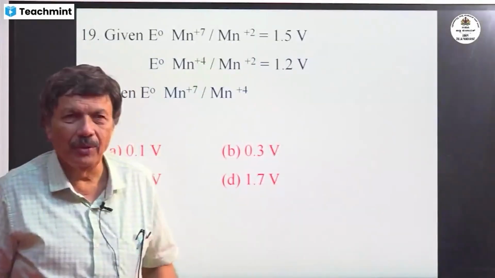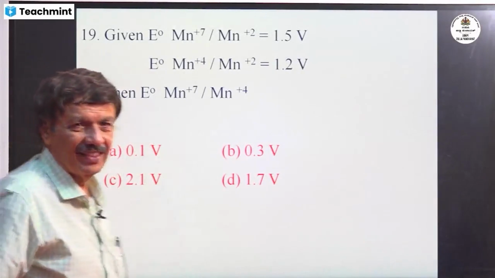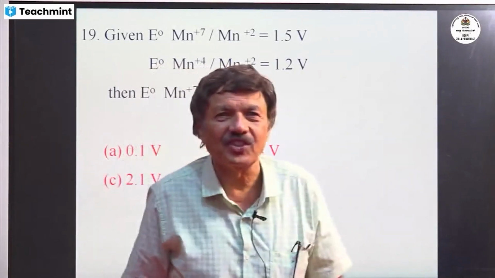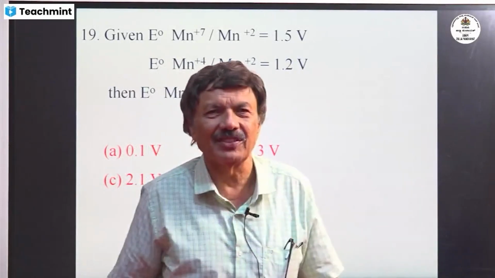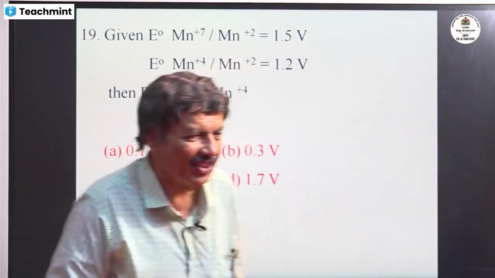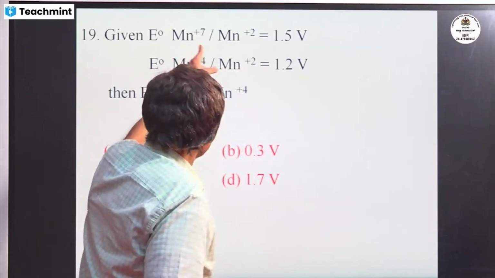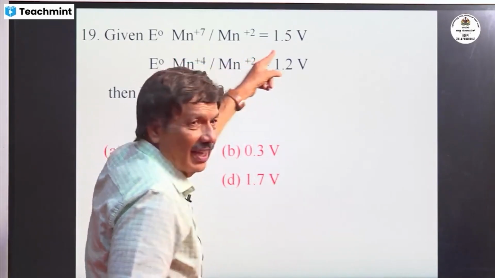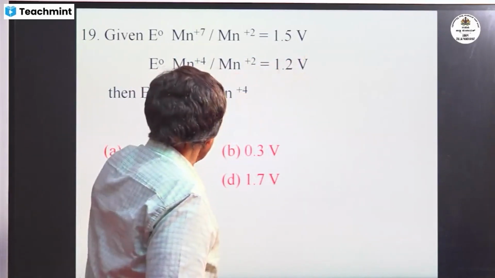We will move on to question number 19. It is an important question of the same type they have asked many times. Now what is here? They have given the electrode potential of 2 electrodes, and of this they have asked.